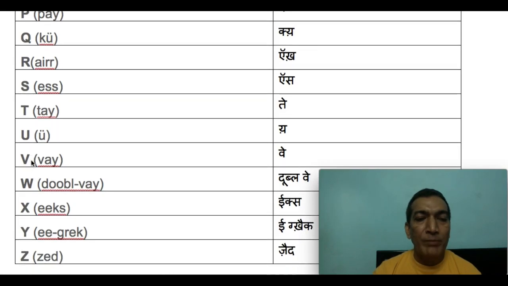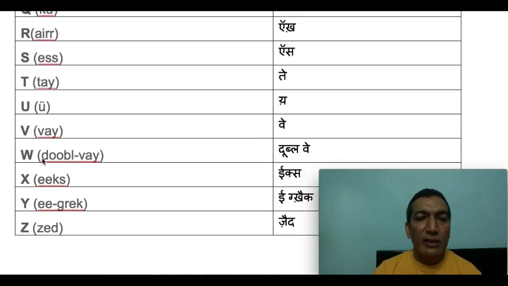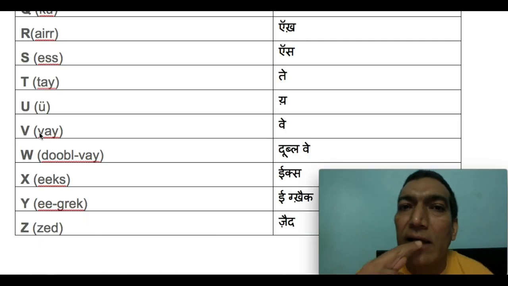V and W. So W, in English we call it double U. In French it is not double U but double V. We can say the translation is double V. The pronunciation of these two letters is different. V is pronounced with the teeth and the lip, as you can see my lip with the teeth.